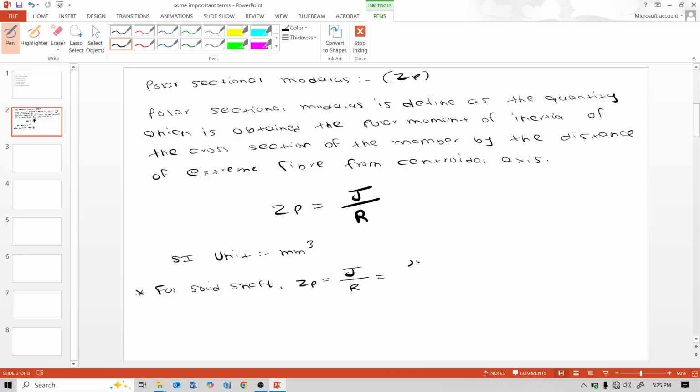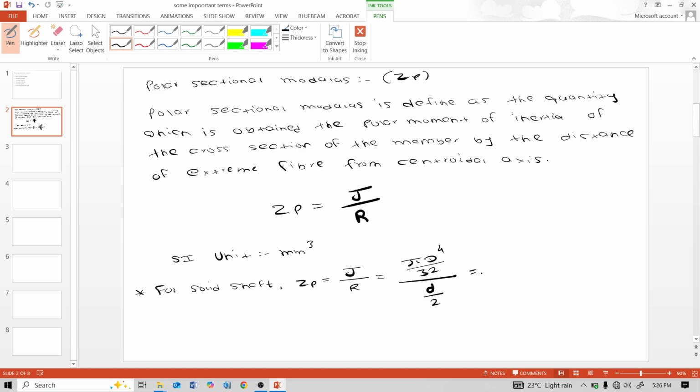So here J is pi d raised to 4 upon 32 divided by R, the distance of extreme fiber from the centroidal axis, which is d by 2. R is diameter by 2.